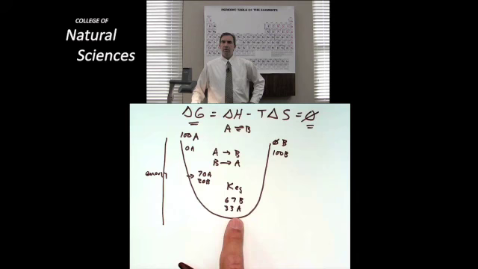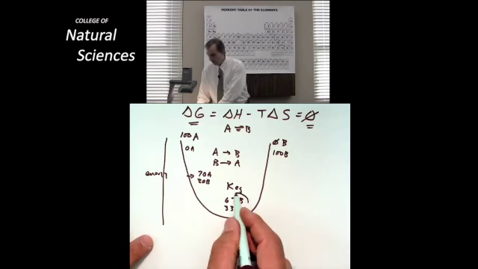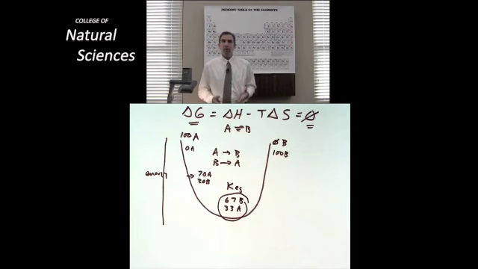And once that is achieved, you are at equilibrium. It's this value right here, at equilibrium, which is what we measure throughout 2/3 of the second semester of the course.